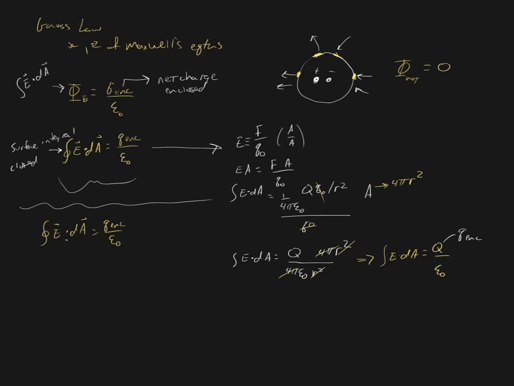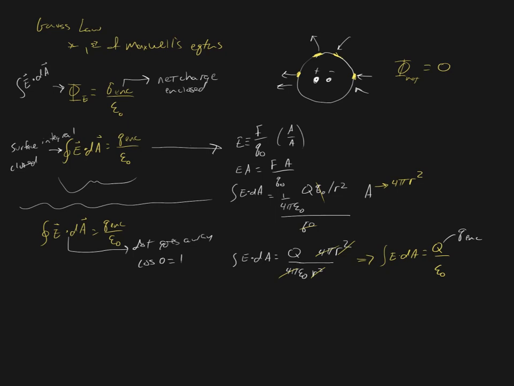So this goes away because the cosine of 0 is equal to 1. Remember, the dot product is going to be the cosine of phi, where phi is the angle between the electric field and the normal vector.